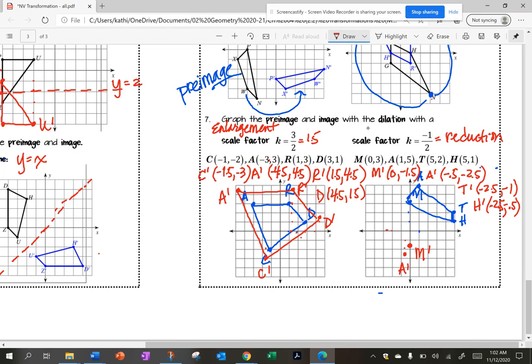Negative 1. T prime. And negative 2.5. Negative 0.5. H prime. There we go. So this one is a reduction. And I also have a reflection because I have the negative sign.